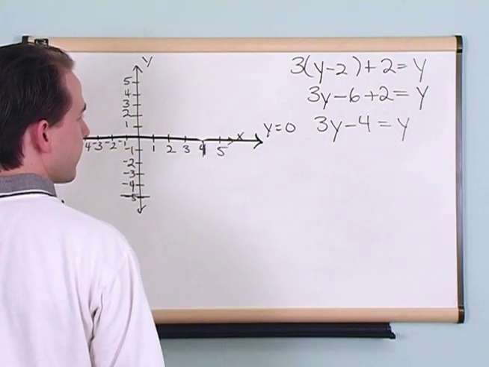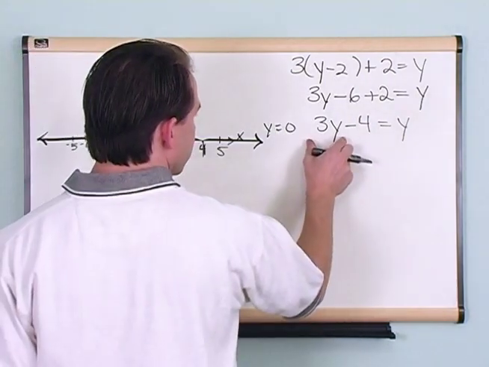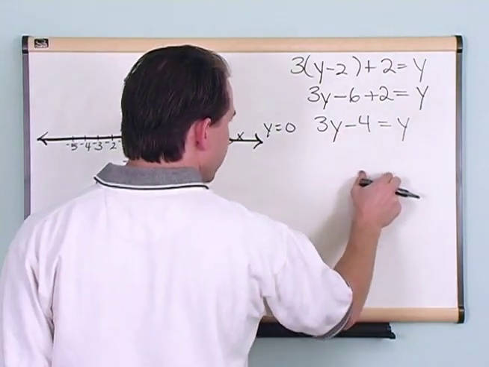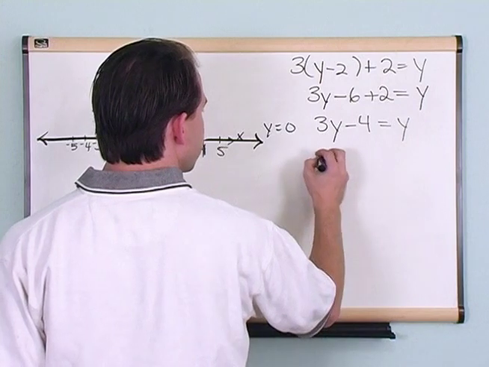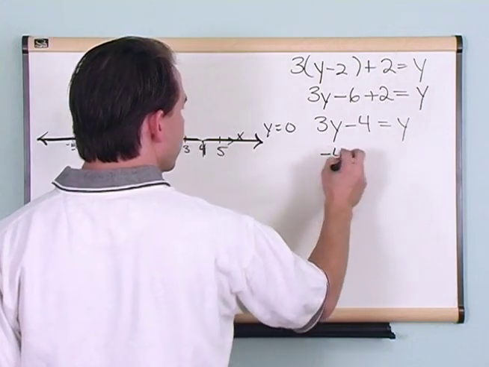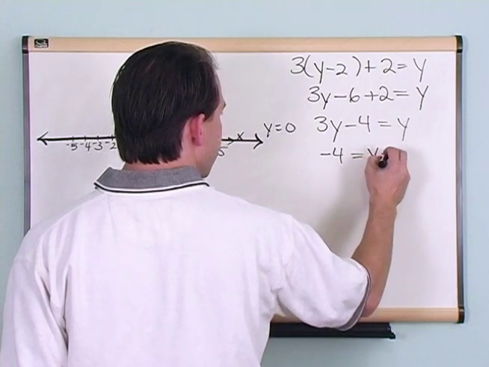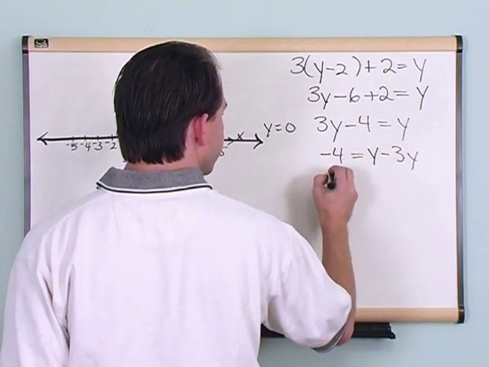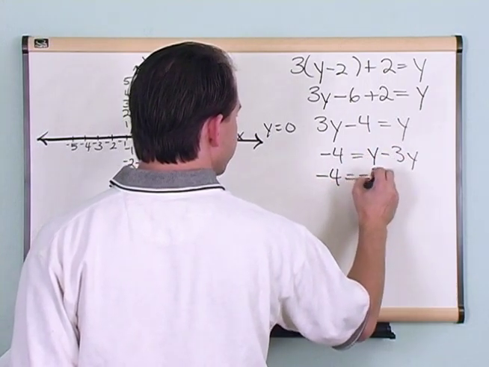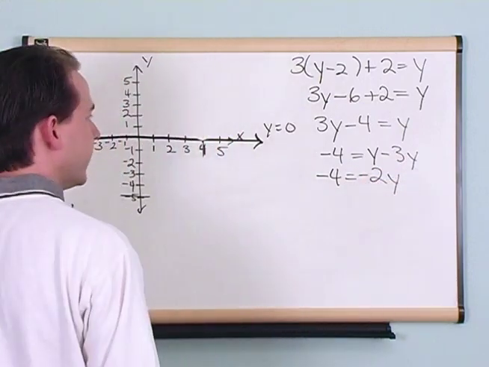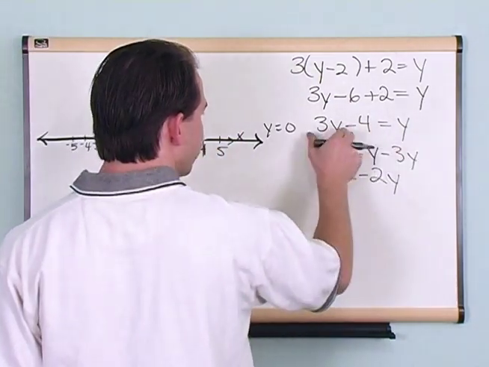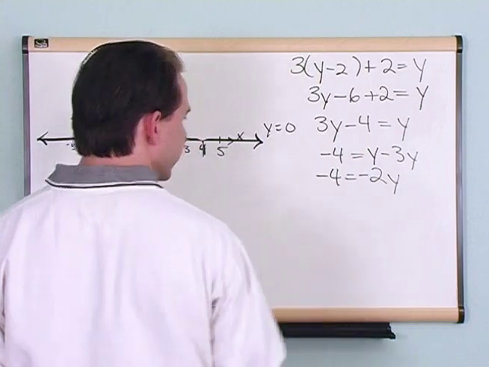And then what I can do is move this 3y over here. So I'll be left with negative 4 equals y minus 3y. So negative 4 is equal to negative 2y. I just subtracted 3y from both sides, so I got negative 2y.